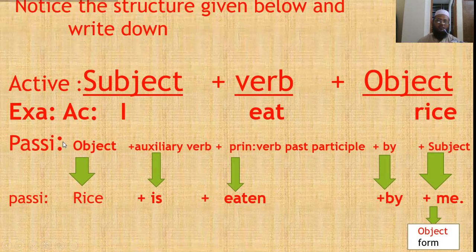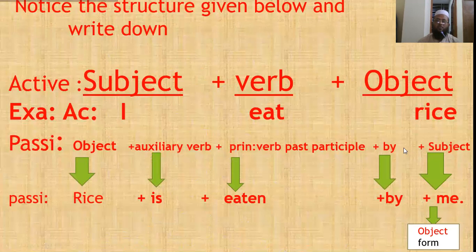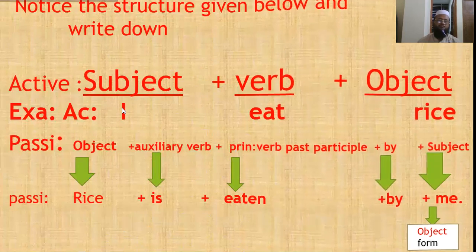In passive sense: object at first plus auxiliary verb plus principal verb past participle plus by preposition plus object. Example, rice is eaten by me. Me, object form of I.